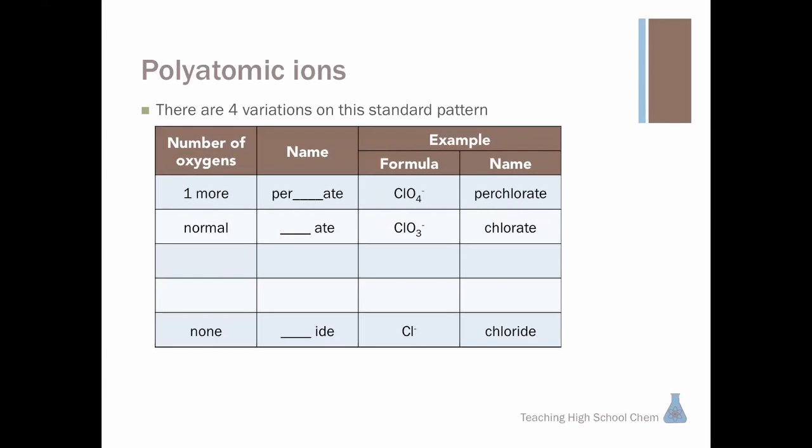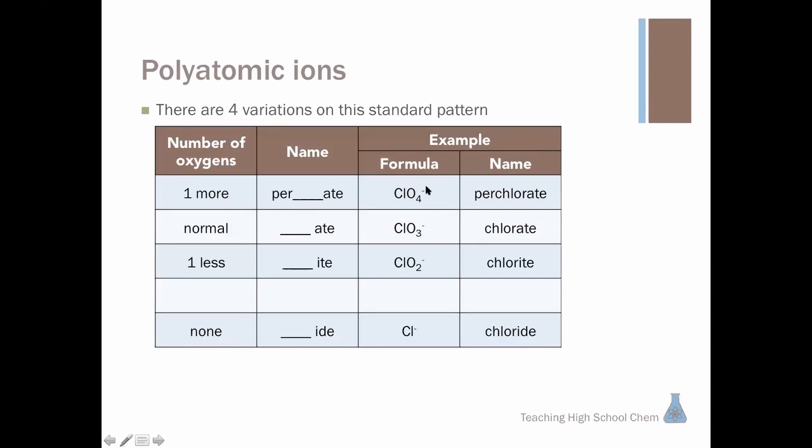Like, oh, they have more energy. I'm like, exactly. So per is short for hyper, and it means it's more. So somebody who's hyperactive is more active. So per means more. So it has one more oxygen attached to it. Charge stays the same.